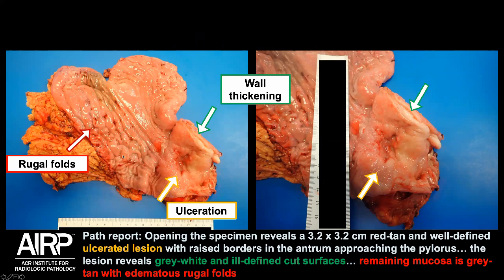Here you can see once they open the stomach, these are the rugal folds, with some areas of hemorrhage within them. As we get towards the antrum, we can see this wall thickening, this very white looking material within the wall underneath the layer of the mucosa. So this is a submural component, but we also see this focal irregular ulceration within this lesion.